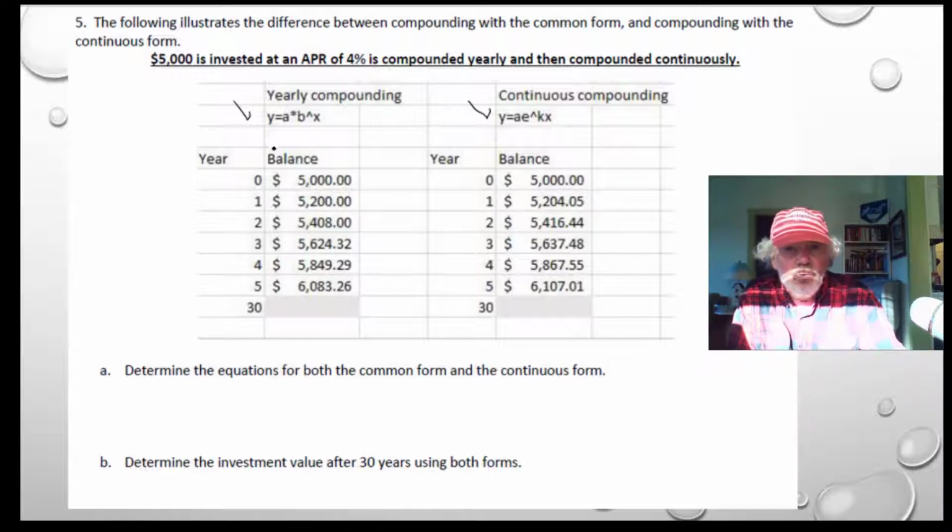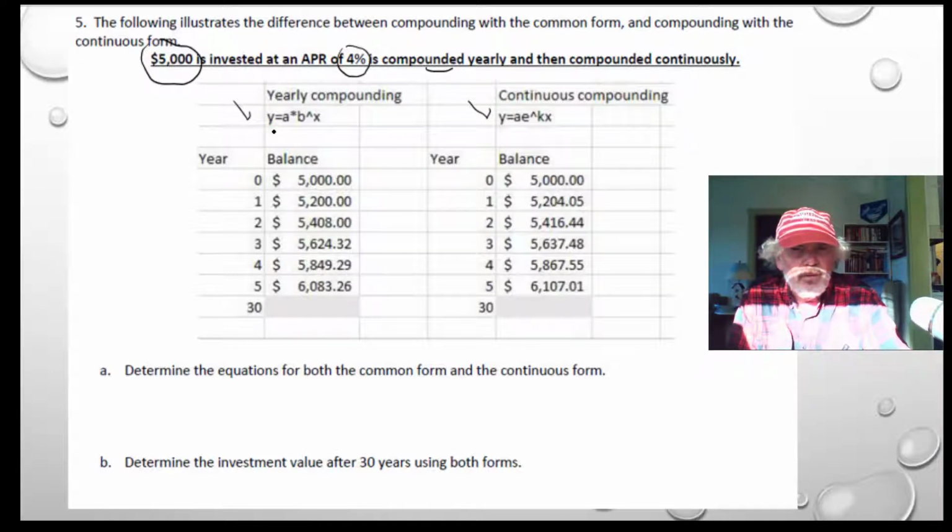But let's get the equations down. So we're investing $5,000 at an APR of 4%, compounded yearly, which is here, and compounding continuously, which is here.